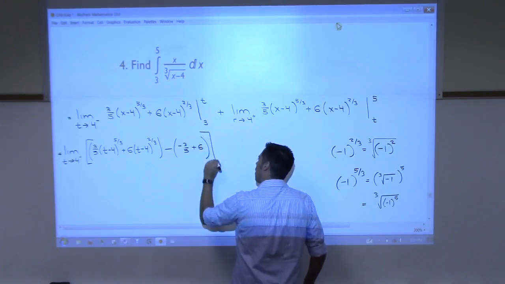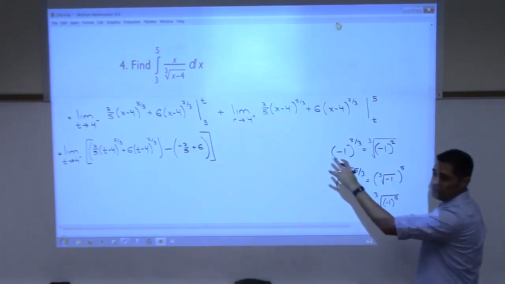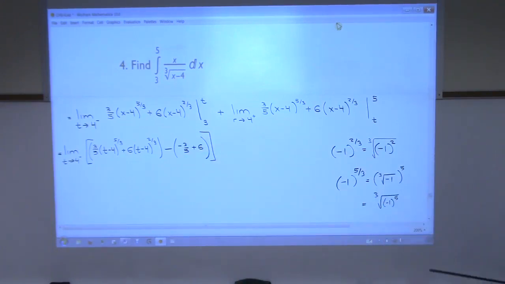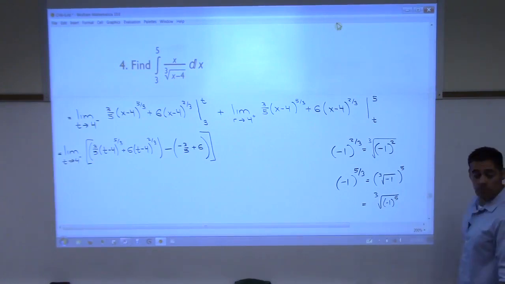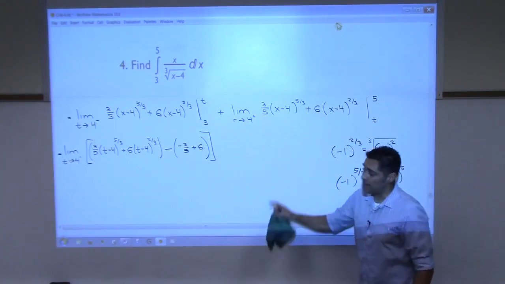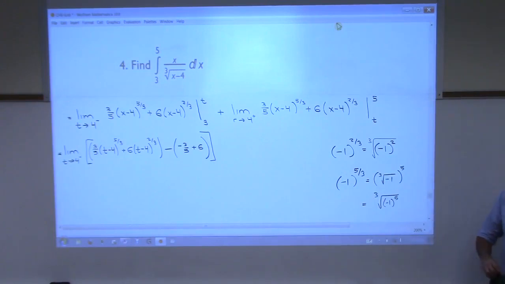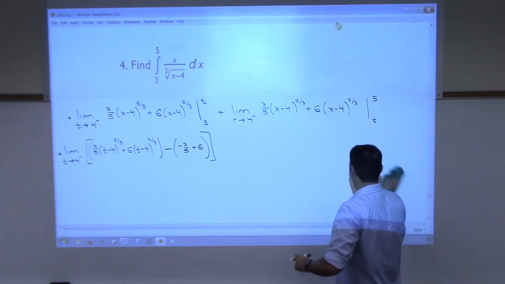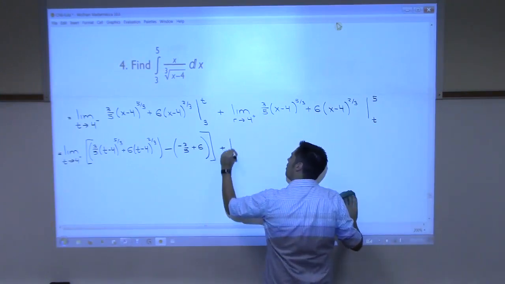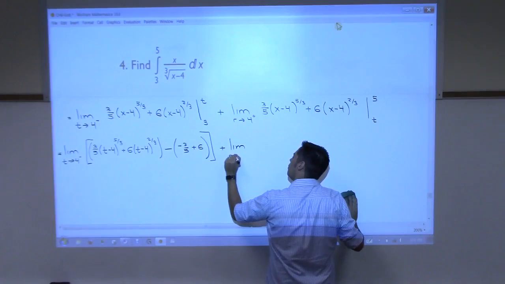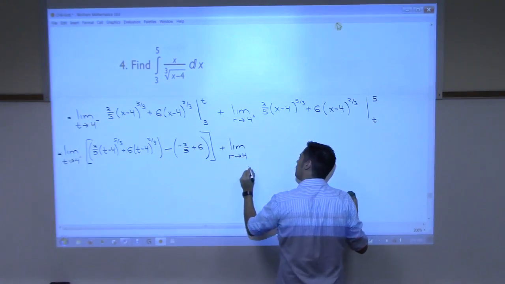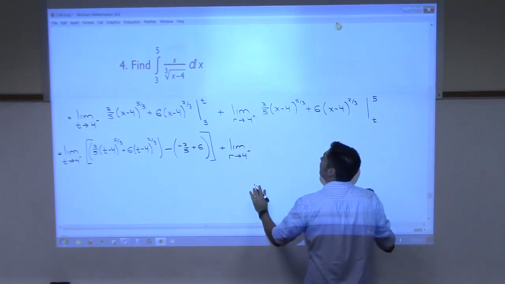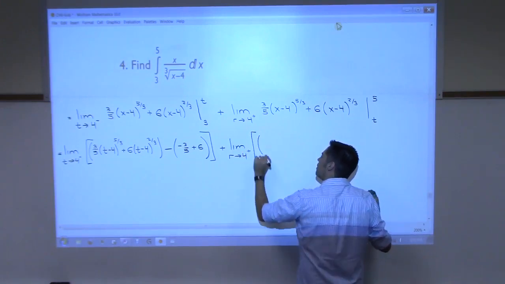Close that off. I still have to take a limit, okay? I haven't taken that limit yet. When I take the limit, yes, it will be 0. But we still have to do this one, so I'm just going to write this one down now. So plus limit r goes to 4 from the right, bracket, parenthesis.